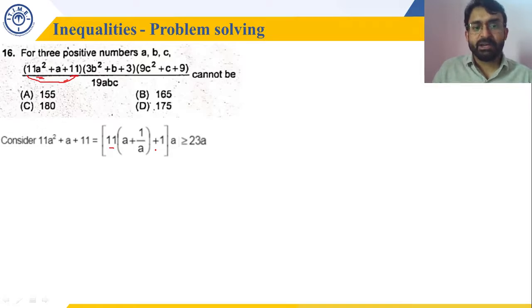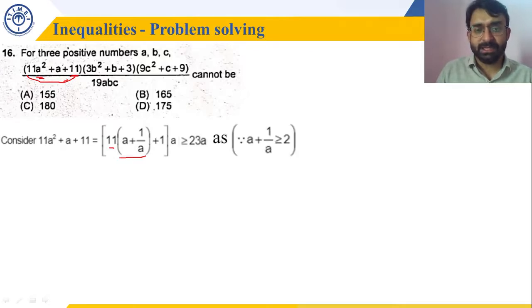Similarly, if I want to calculate, I can calculate this value immediately. That is greater than or equal to 23a. How is it calculated? We'll consider this specific term a plus 1 by a. Now a is a positive number. So if I use arithmetic mean is greater than or equal to geometric mean in this, what will I get? A plus 1 by a is greater than or equal to 2. How do I get this? Let's see.